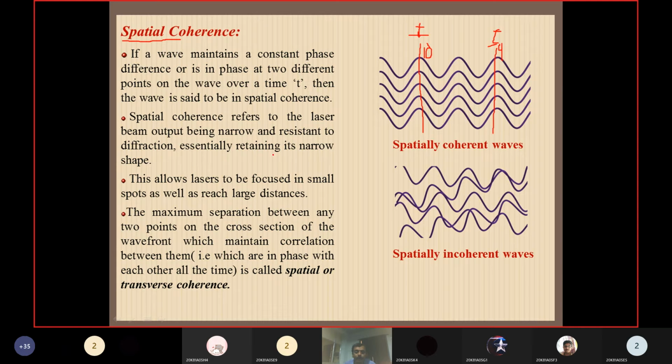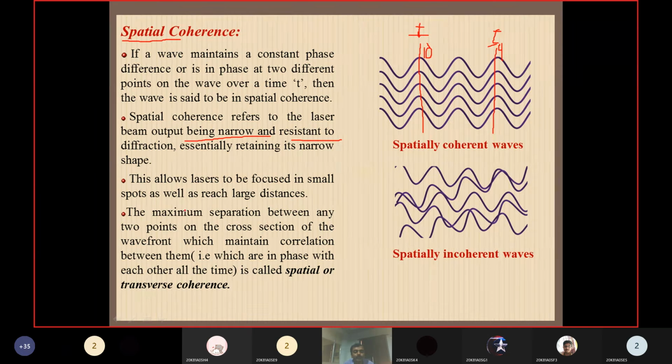Because of spatial coherence, the beam becomes narrow. Even at a long distance the phase difference is constant, so it is not spreading much, it is narrow and resistant to diffraction. The resistance to diffraction is very high, and for a long distance it will retain its narrow shape.